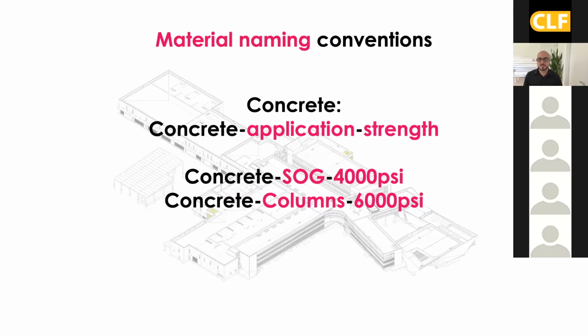Now in a LEED LCA or any LCA optimized workflow in Revit, we would say, let's say, concrete dash slab on grade dash 4000 PSI. And when you run Tally, you really just see the name of the material. Now this tells you what the application is, but also tells you the strength. So it's really easy to find the baseline and assign the properties. Next, please.